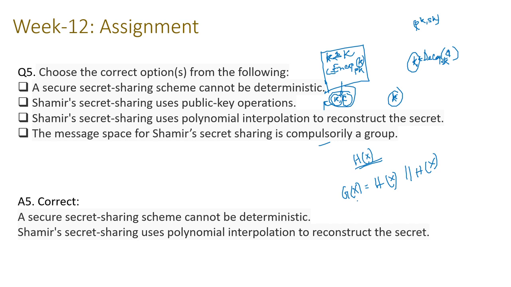The question is whether g(x) is secure or not. Can you find a pair of inputs x1, x2 for g(x) such that the outputs of x1 and x2 are the same? h(x) is given to be collision resistant. Is g(x) collision resistant or not?